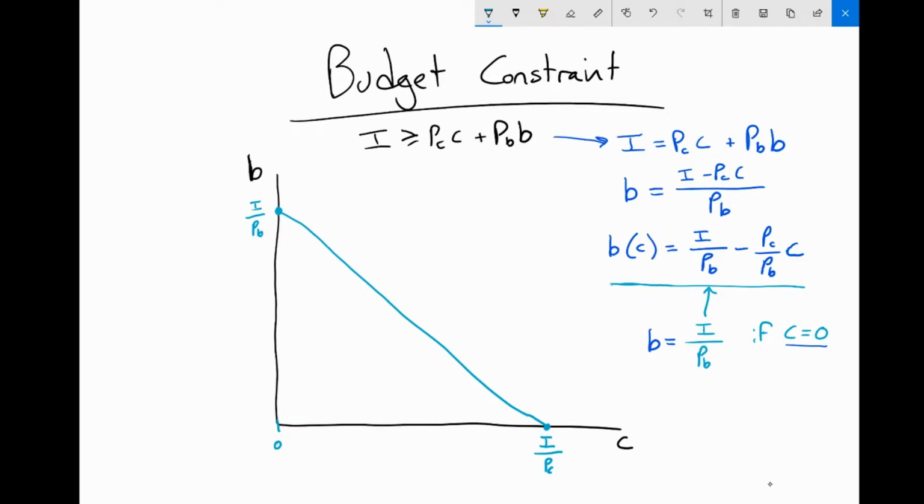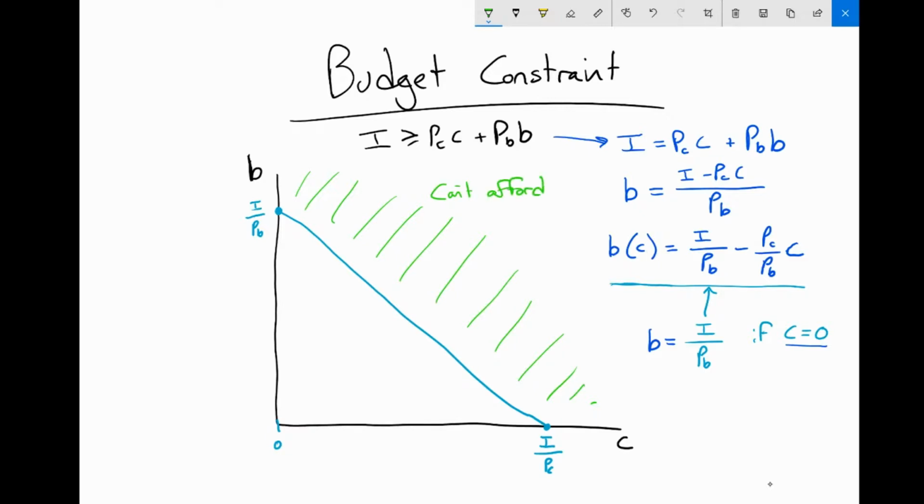This line is going to give us the outer boundary of our budget constraint. No one can afford any bundle of bagels and coffee that is beyond this line.